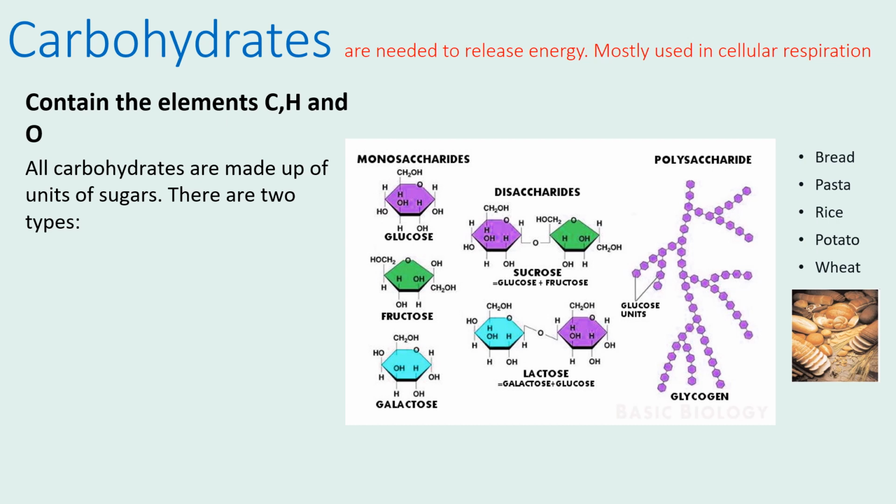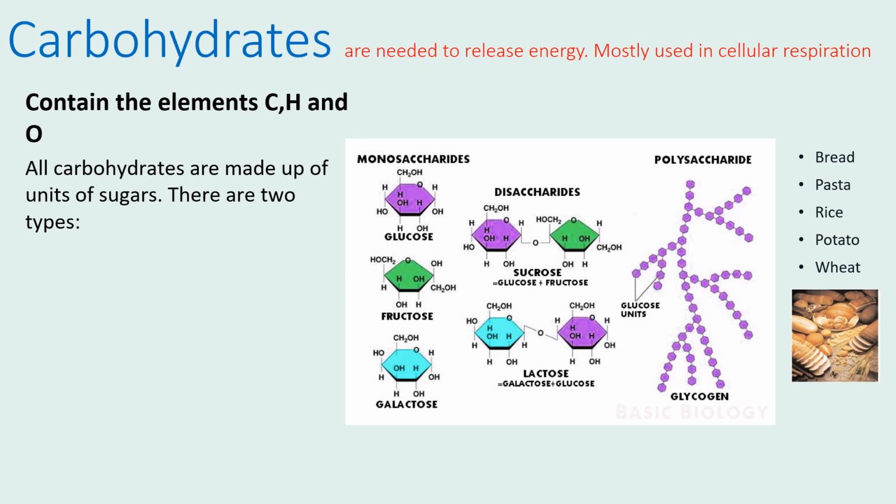You do need to know that monomers are the things that build polymers, and monomers of carbohydrates are things like glucose, fructose, which is the sugar we find in fruit, galactose, which is the sugar in milk.